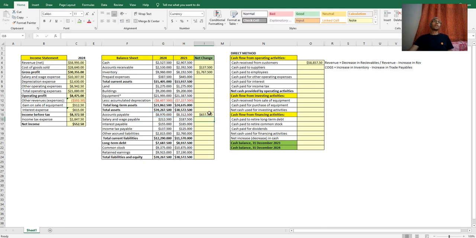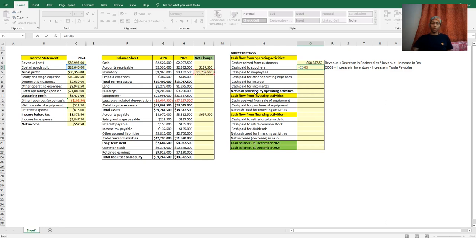So accounts payable has also increased. So we'll be adjusting the COGS because inventory has increased. So we will be adding, because more cash has gone out than is represented in the COGS because of the inventory. So we add it.